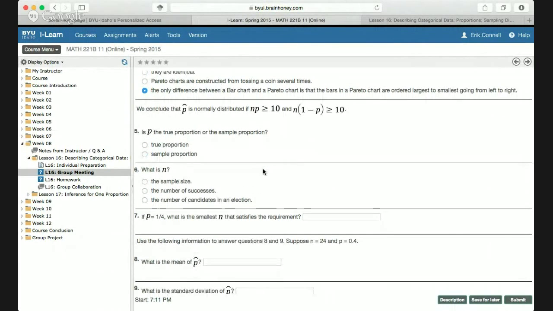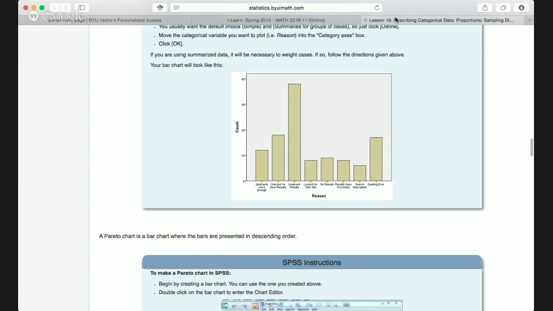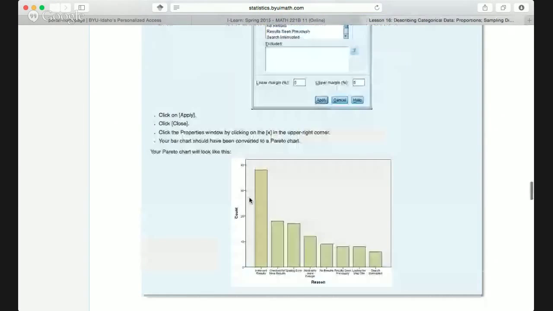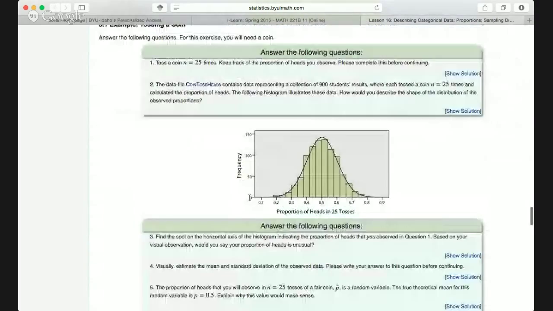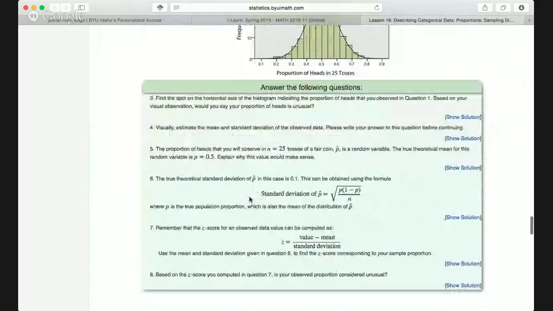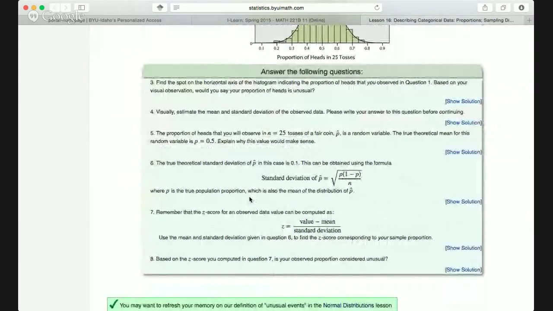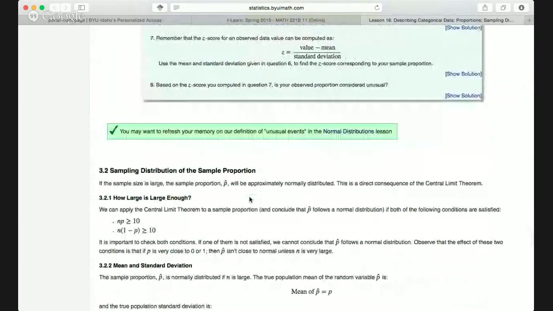Okay, we conclude that p hat is normally distributed if np is greater than or equal to 10 and n(1 minus p) is greater than or equal to 10. Is p the true proportion or the sample proportion? Isn't p the sample? Let's see here.